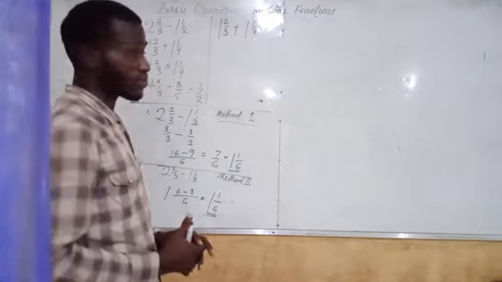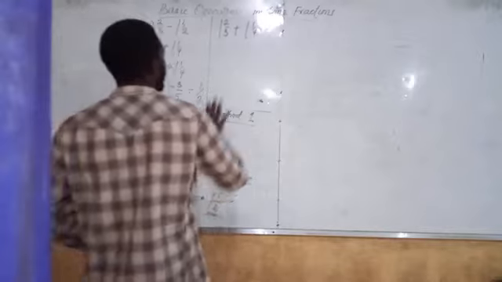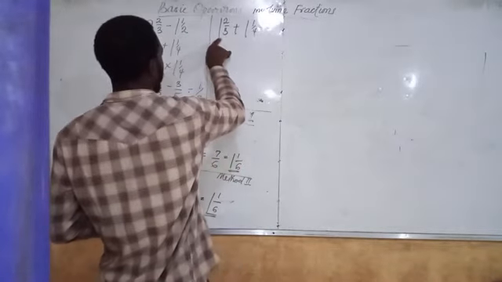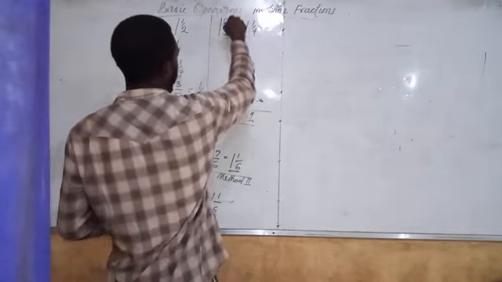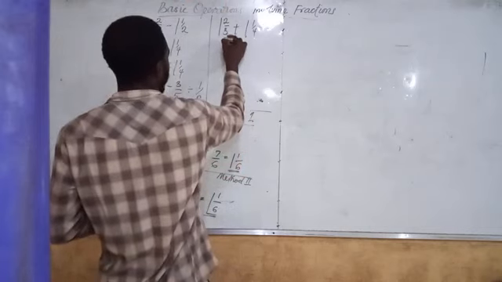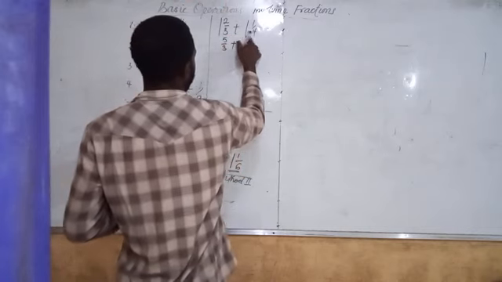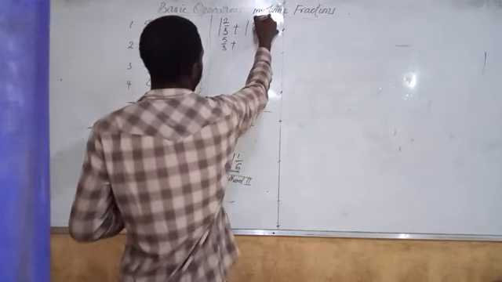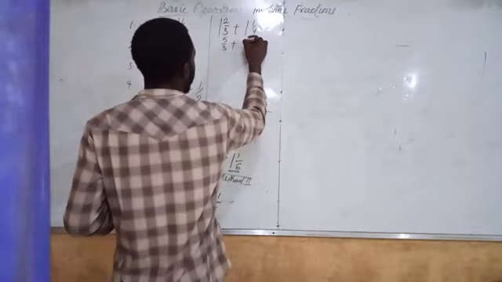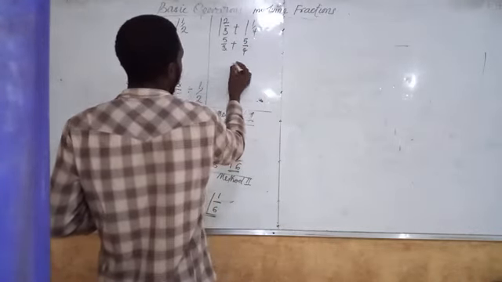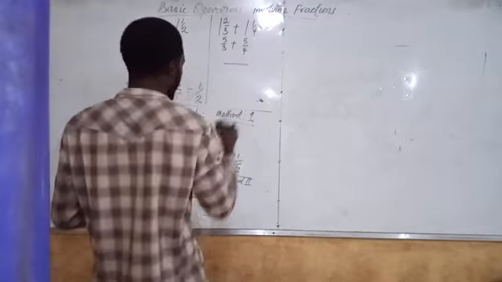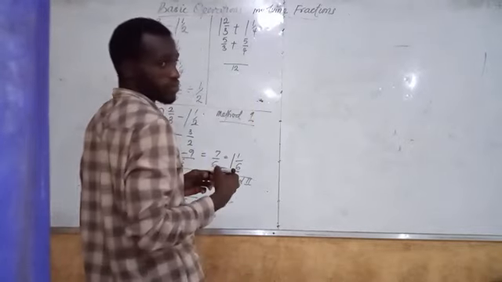Let's use both methods. In method 1, we still have to convert. So 1 and 2/3, remember, we have 3 plus 2, we have 5 over 3, plus 4 plus 1, you have 5 over 4. Now the LCM of 3 and 4 is 12.